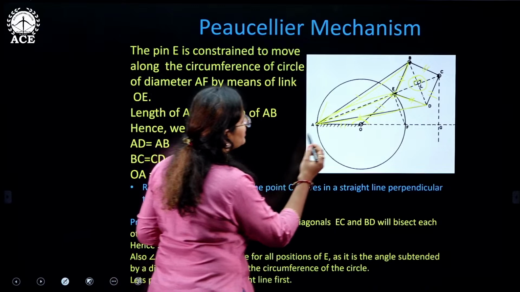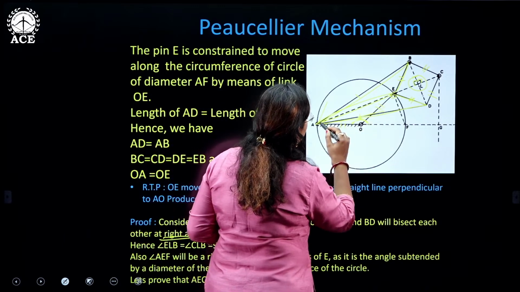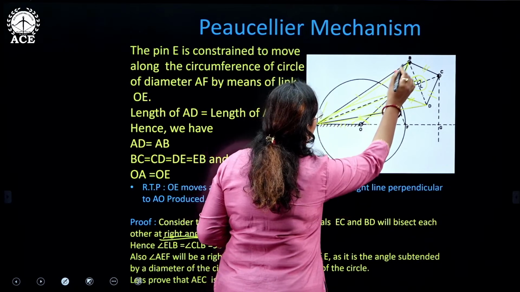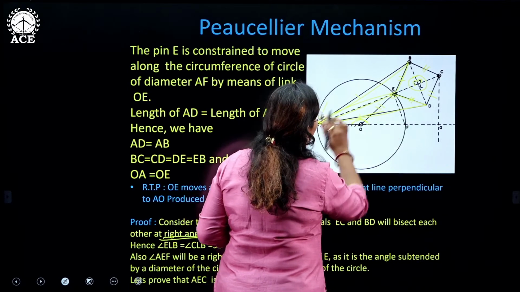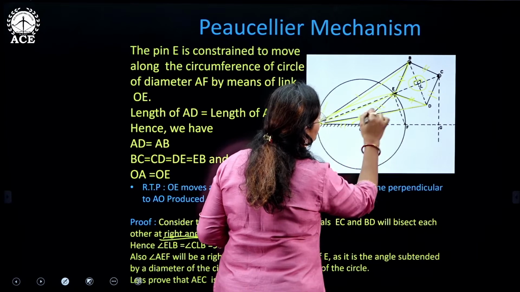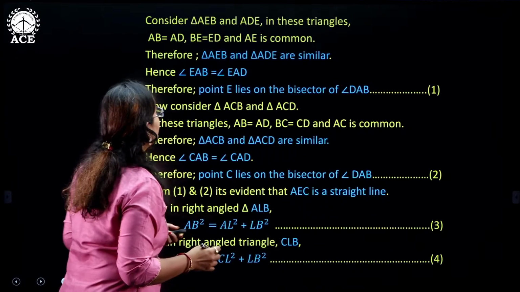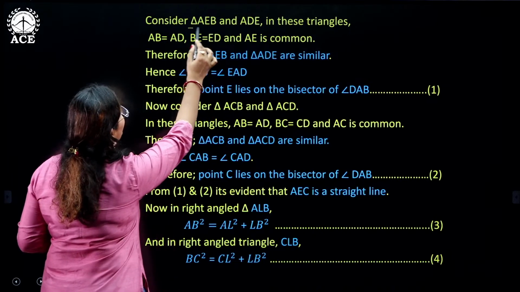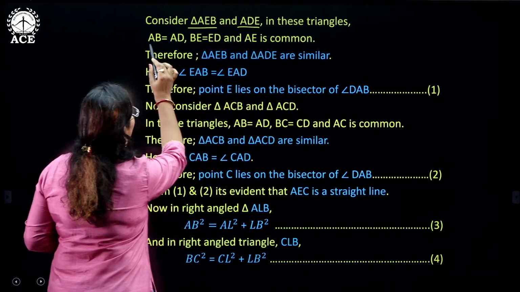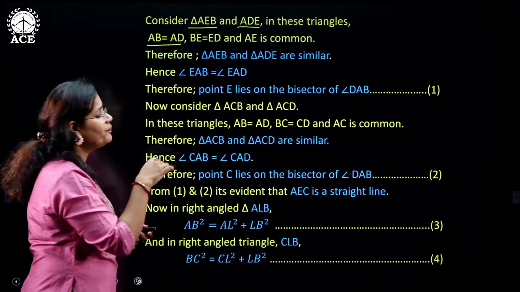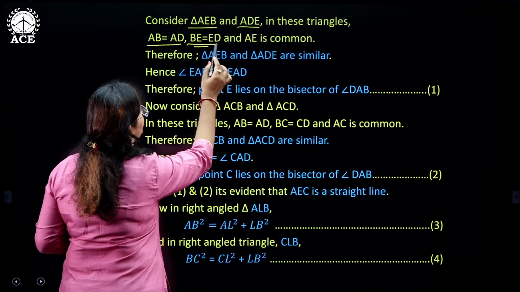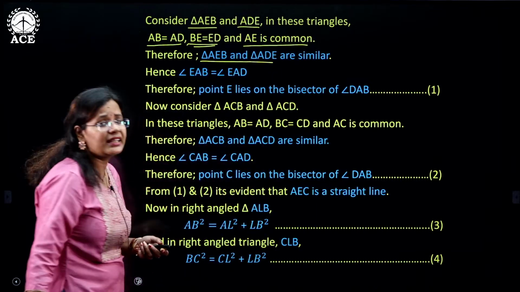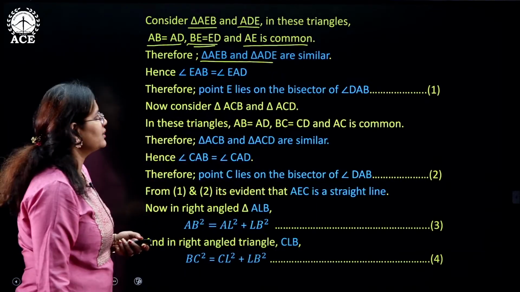In the diagram you can see that in these two triangles AE is common, and I told you that AB is equal to AD. So in triangles AEB and ADE, AB is equal to AD, again given. BE is equal to ED, that is also given, and AE is common. So I can say that AEB and ADE are similar triangles.